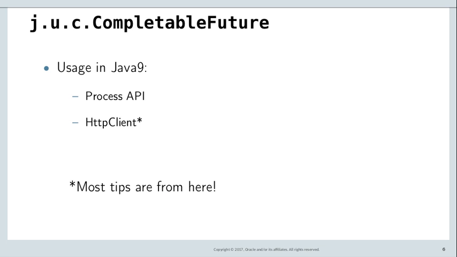In Java 9, the situation changed. We started to use CompletableFuture inside our internal API. As an example, in Java 9 the Process API was introduced, which uses CompletableFuture, and the new HTTP client was introduced, which works both with the old HTTP 1.1 protocol and the new HTTP 2 protocol.